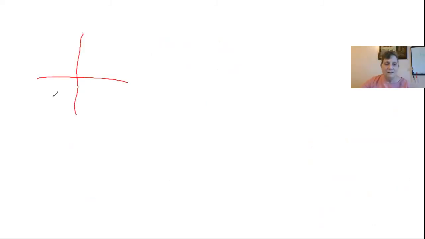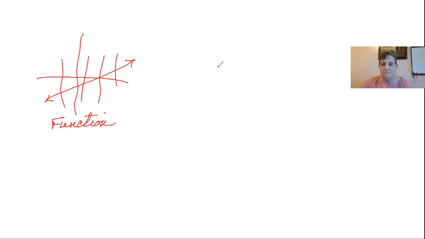What if we had a graph like this, a line? This is a function because there's nowhere I can draw a vertical line that crosses it more than once. So this is a function. What about a parabola?